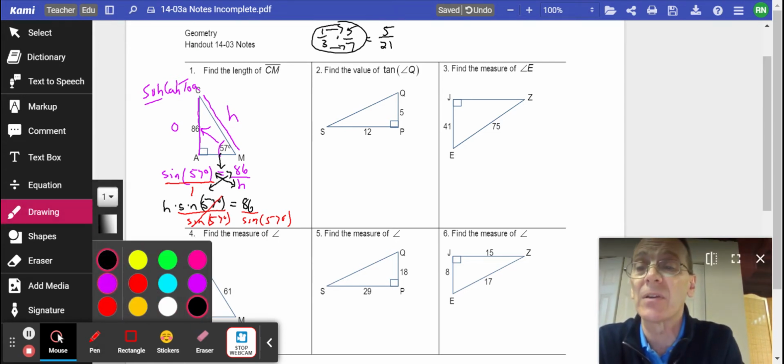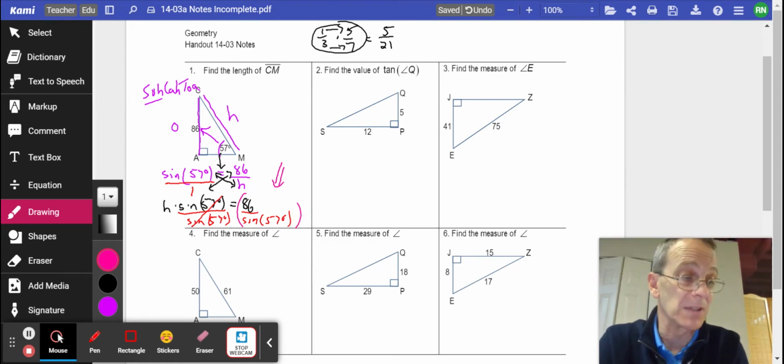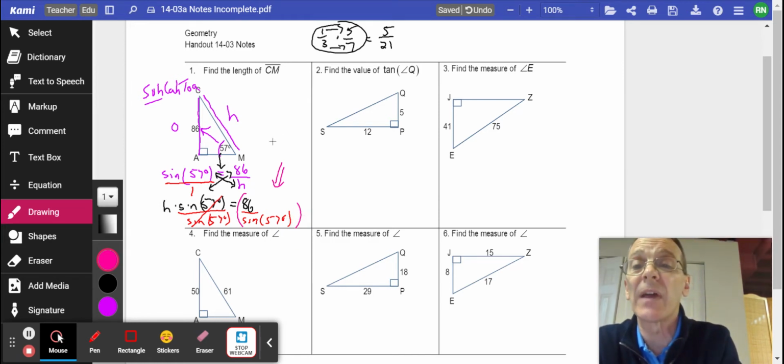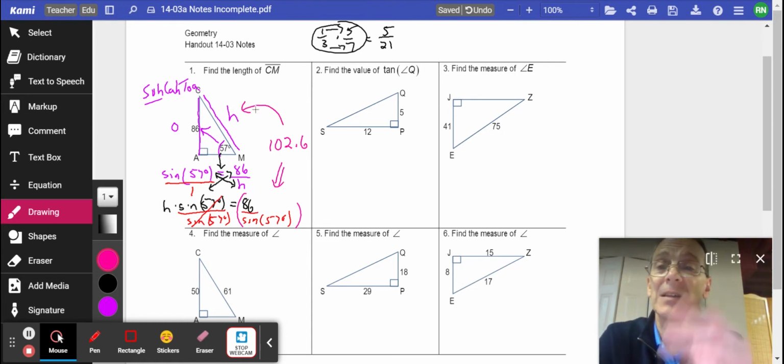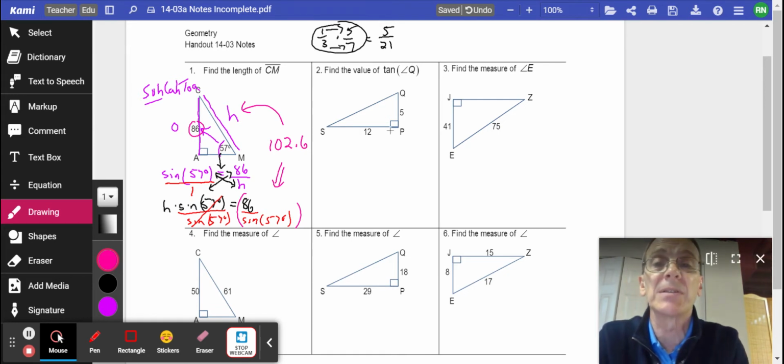Then I reach for the calculator and I put this expression into the calculator like that. And the calculator, if it's in degree mode, will spit out a value of 102.6 when rounded to the nearest tenth. Since that is supposed to be a value for the hypotenuse, that seems reasonable because I know I had to come up with something larger than 86.